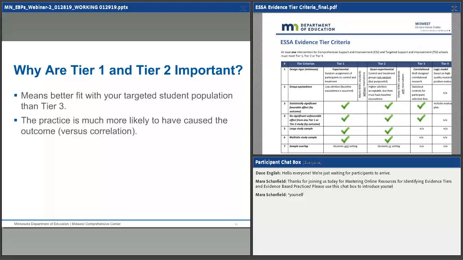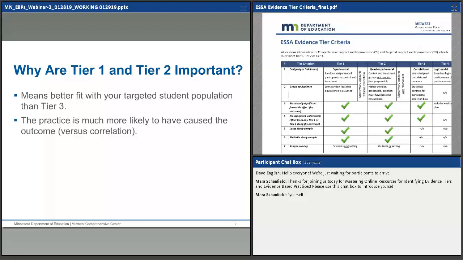And then secondly, Tier 1 and Tier 2 identify causal relationships. By that we mean that they can determine definitively that a practice has actually caused an outcome, as opposed to simply being predictive of an outcome or correlated with an outcome.